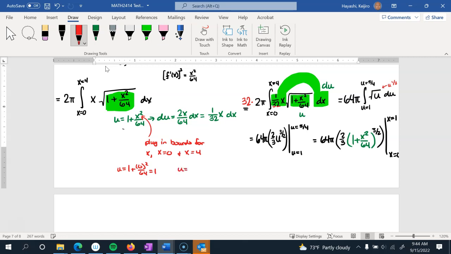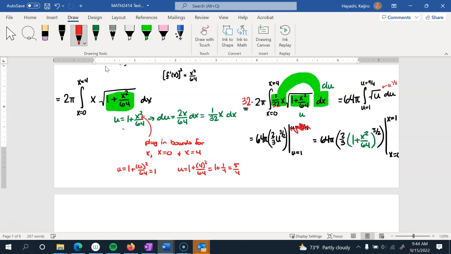And if you plug in 4, you get 1 plus 4 squared over 64, which is 1 plus 1/4 or 5/4. So if you want bounds for u, they would be 1 and 5/4, based on the bounds for x being 0 and 4 and plugging them into this substitution.